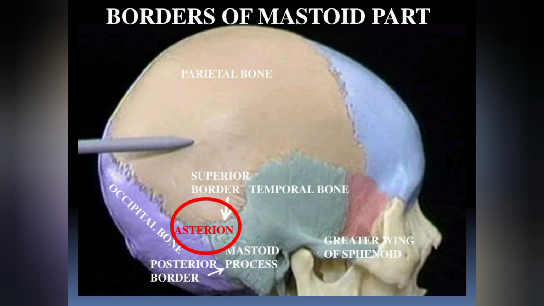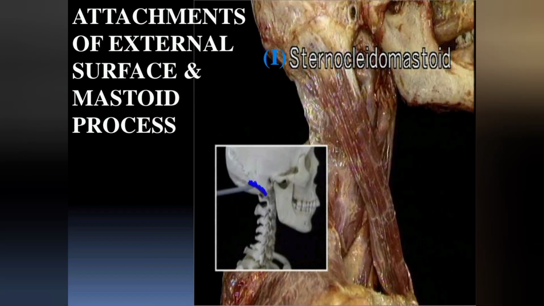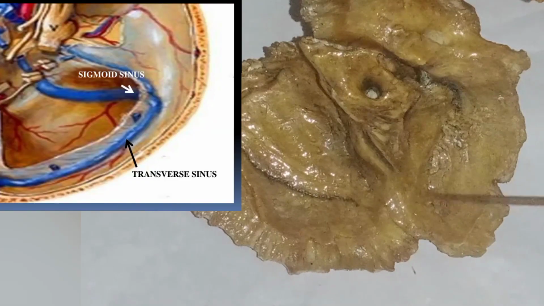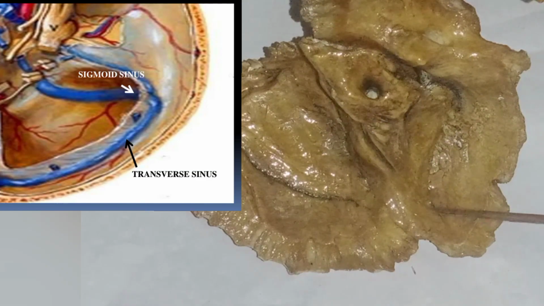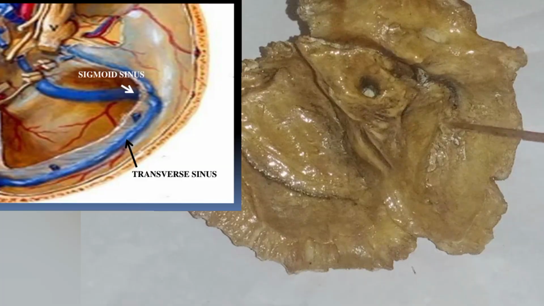The meeting place between the occipital bone, parietal bone, and the mastoid part of the temporal bone is called asterion. External surface gives insertion to splenius capitis and sternocleidomastoid muscle, and gives origin to occipital belly of occipitofrontalis. Internal surface presents a sulcus called the sigmoid sulcus, which lodges the sigmoid sinus.